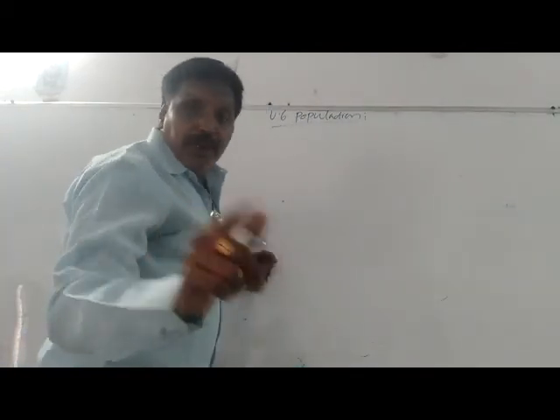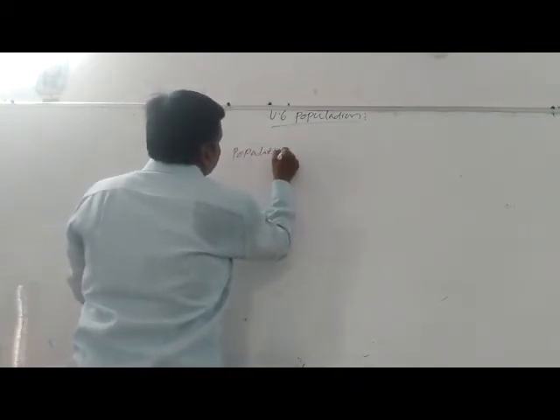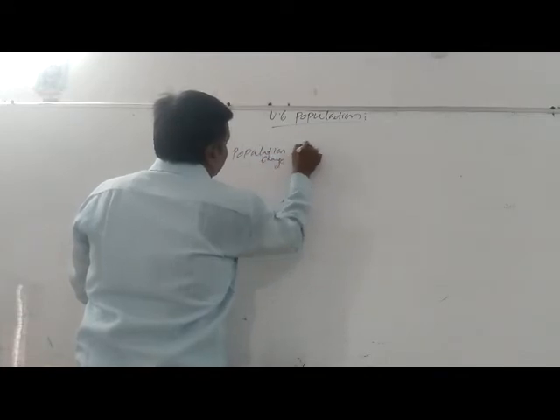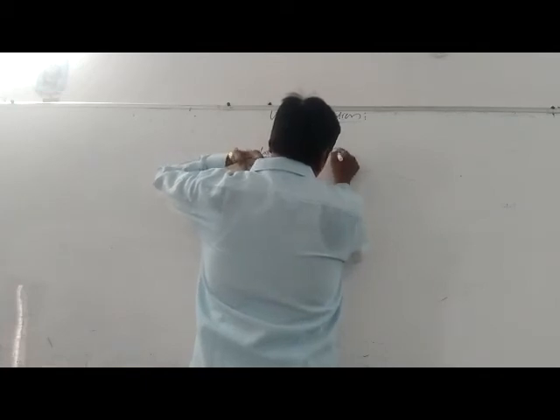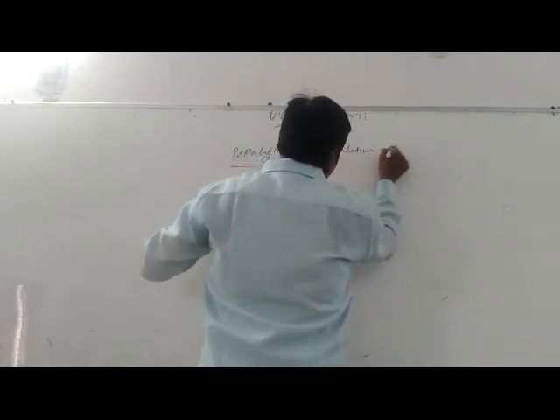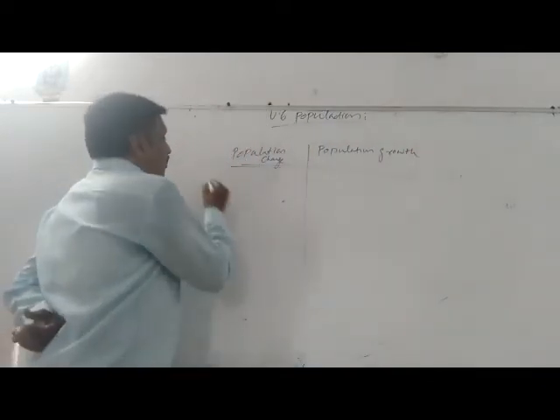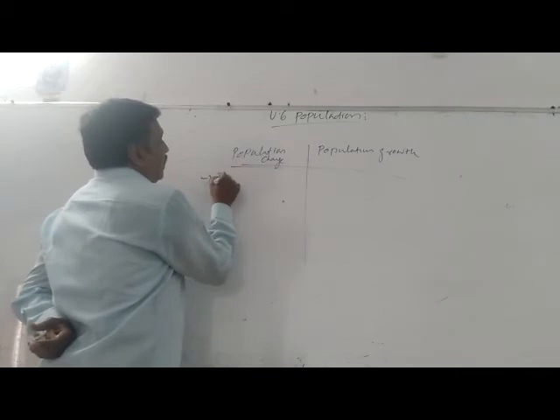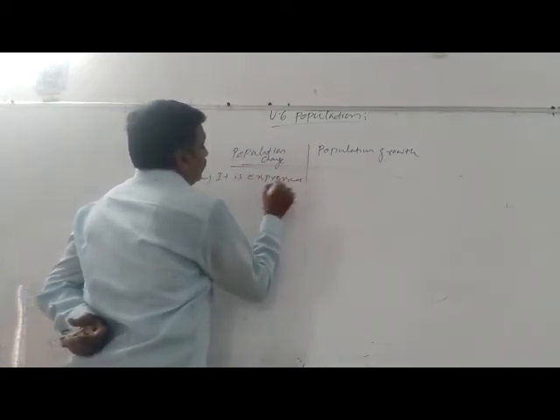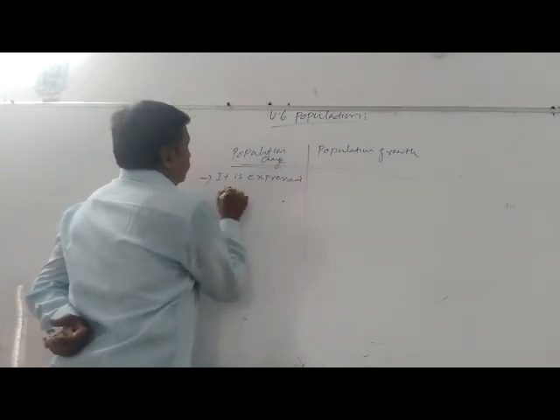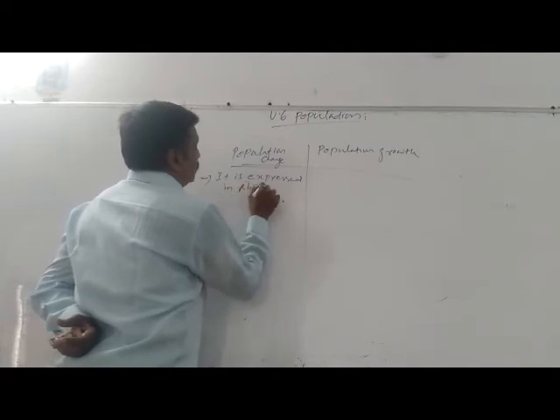In tabular form. Population change is expressed in absolute numbers.